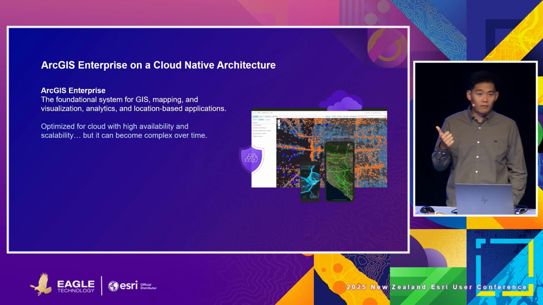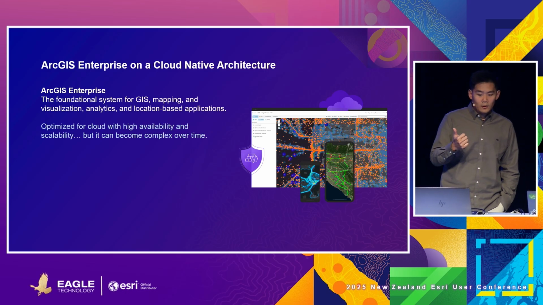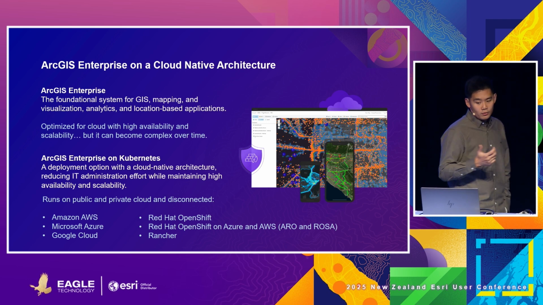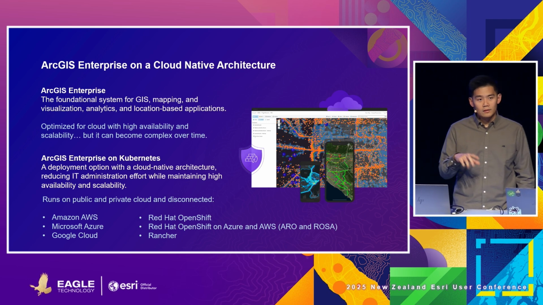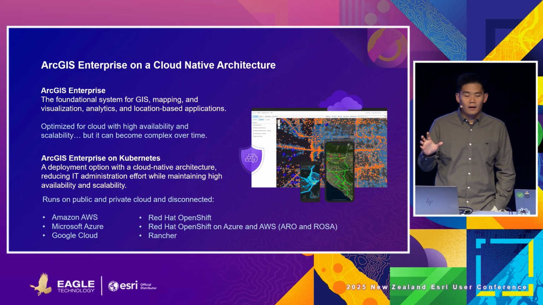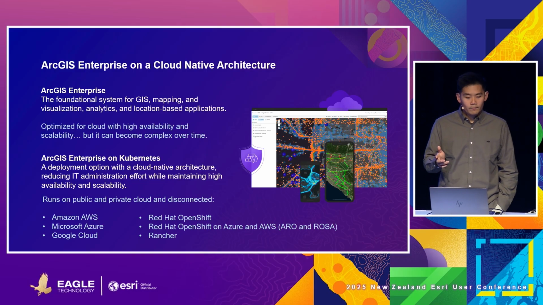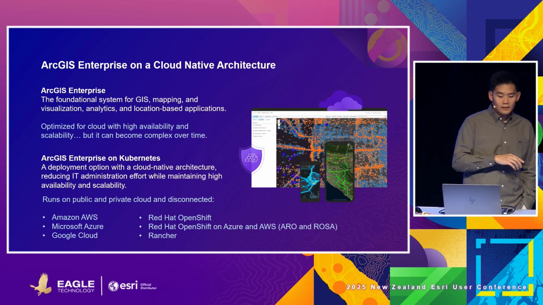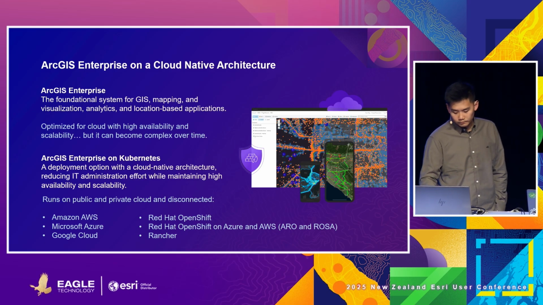I think uptime is a very important element here as well. So Kubernetes can help with this. The strength of Kubernetes is its ability to ease the administration part without sacrificing high availability and scalability. And this is true no matter which of the leading Kubernetes environments you use.